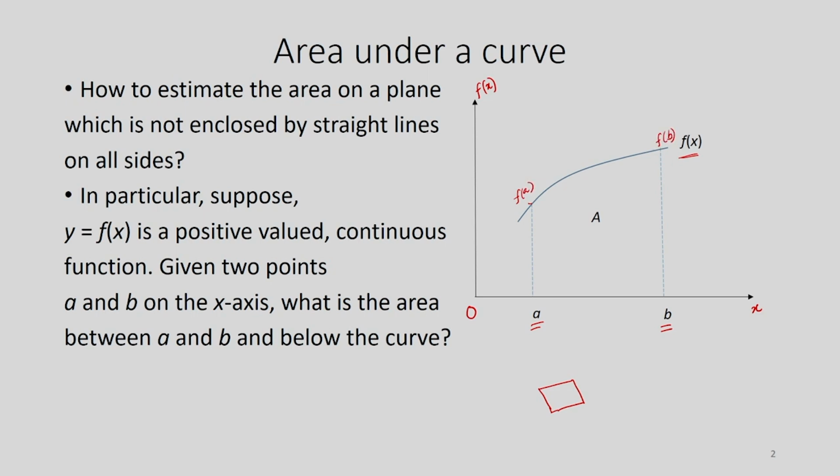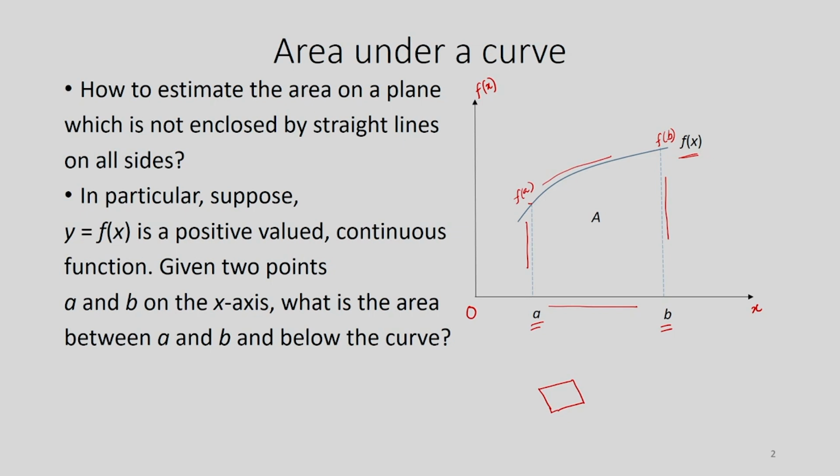So, in essence you have one side here, one side here and one side here. All these three are straight lines, but on the top you do not have a straight line, you have the curve, and this curve can take any shape.